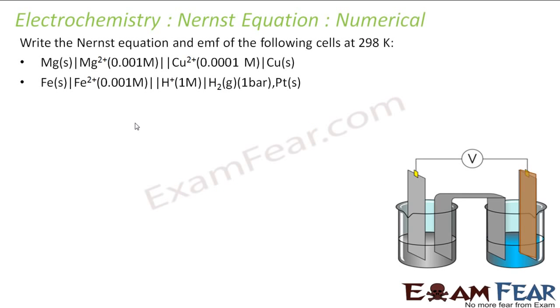The next question is to write the Nernst equation and the EMF of the following cell at this temperature. To write the Nernst equation, the first thing is we have to write the balanced equation. Mg becomes Mg2 plus, 2 electrons are exchanged. Copper 2 plus becomes copper solid.